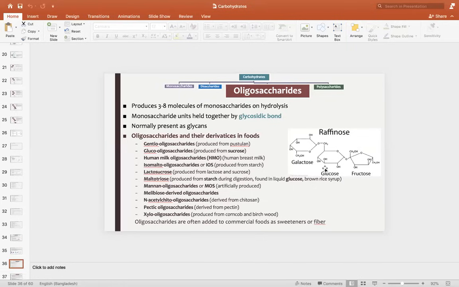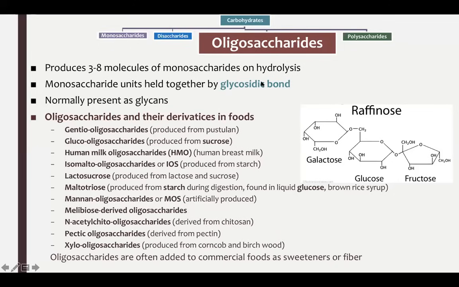So the disaccharide part is really short, and the oligosaccharide part is also short. Next we will come to the oligosaccharide part. We know that a disaccharide is only two monosaccharide units joined, and in oligosaccharides there are 3 to 8 molecules of monosaccharides, but in some books or papers you will also find 3 to 6 molecules of monosaccharides.